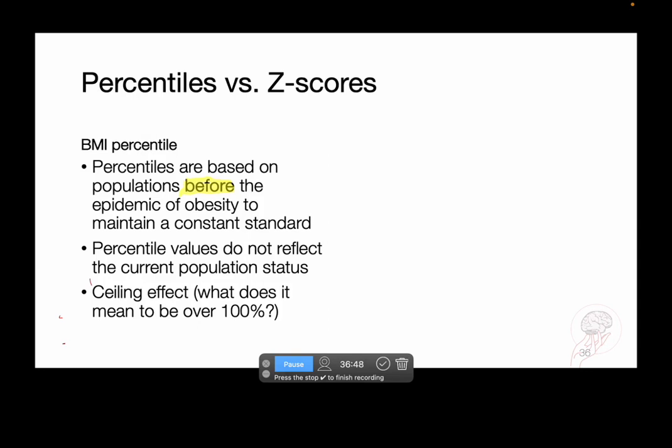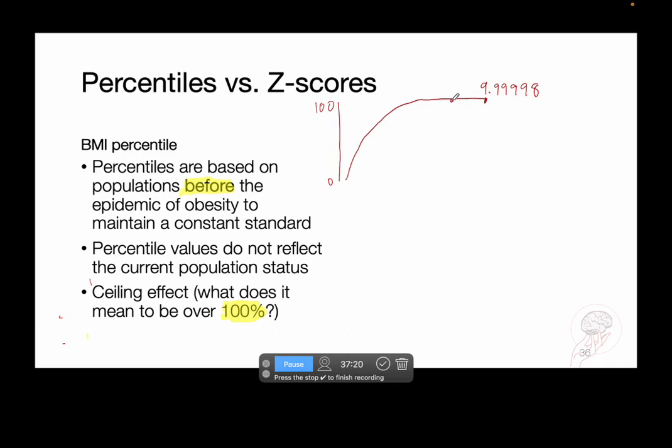There's also a ceiling effect. We can't go over 100%. We can't have more than 100%. So even if someone is gaining weight, we have this problem where we can never reach 100. So then we just infinitely get smaller and smaller and smaller. So this would be like 99.999998.